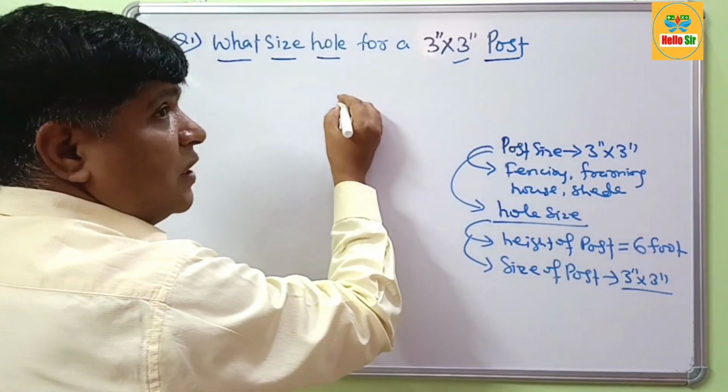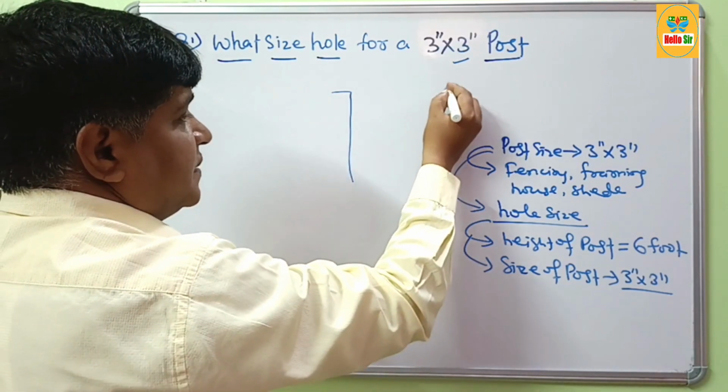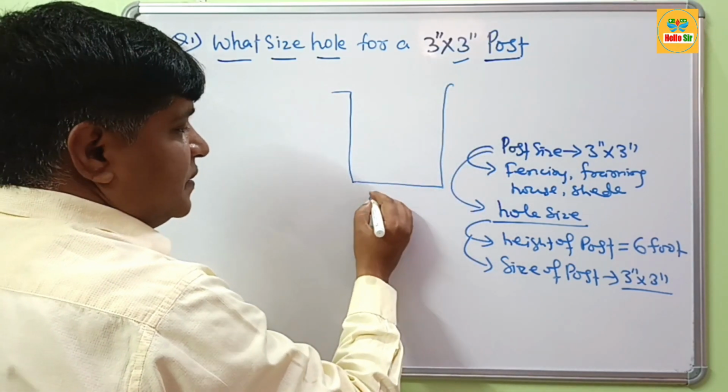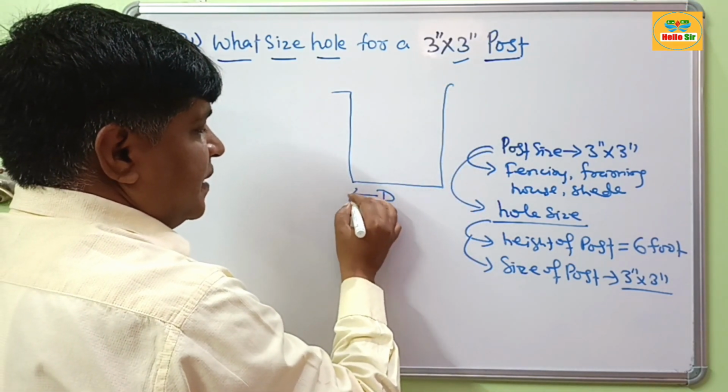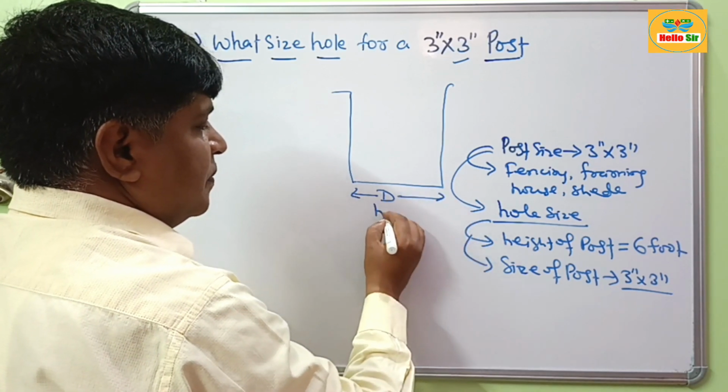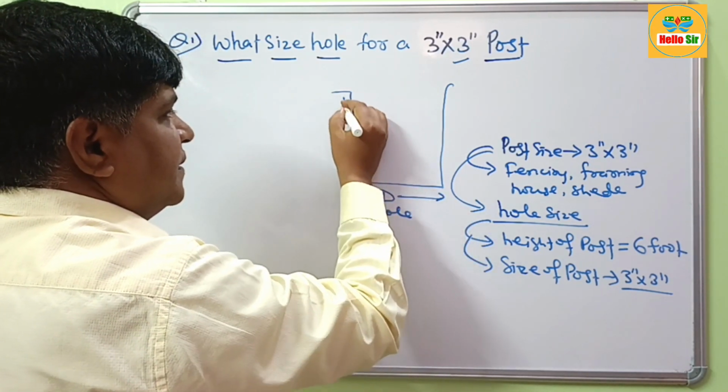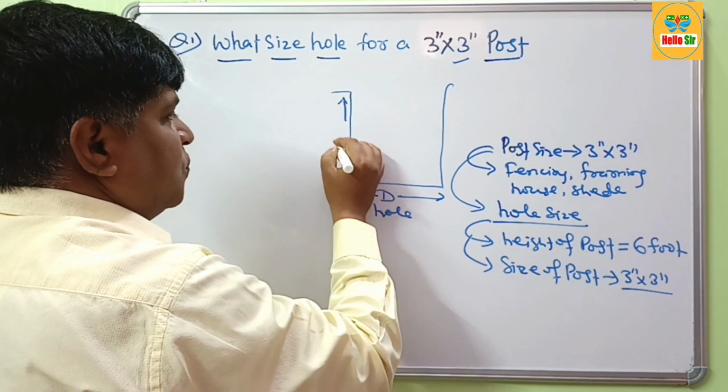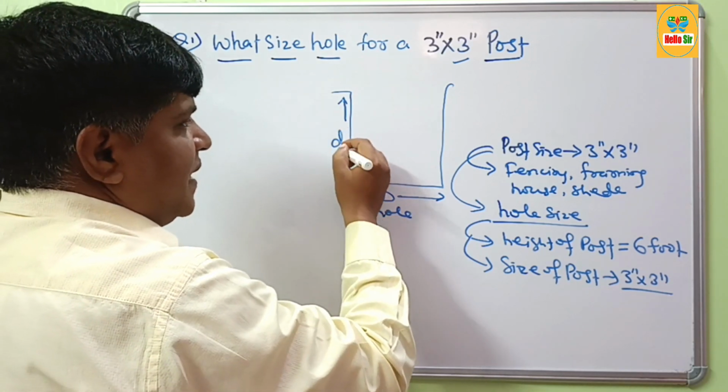Suppose you dig out the soil like this space. This is your hole, this one is the diameter of the hole, and this one is the depth of the hole, represented by a small d.